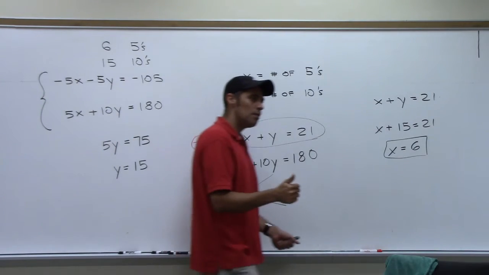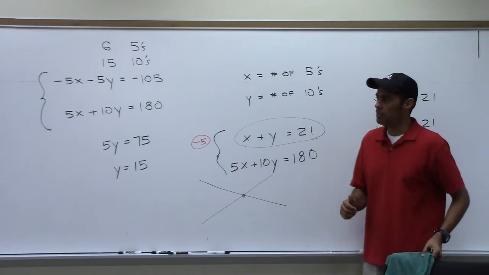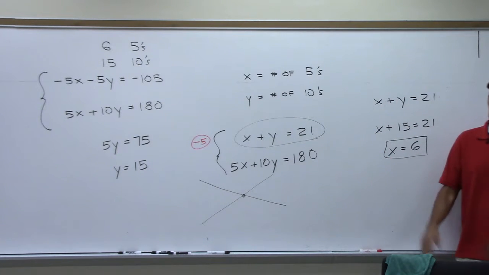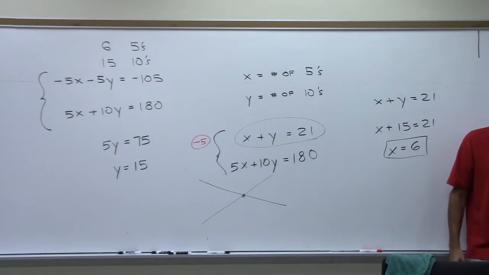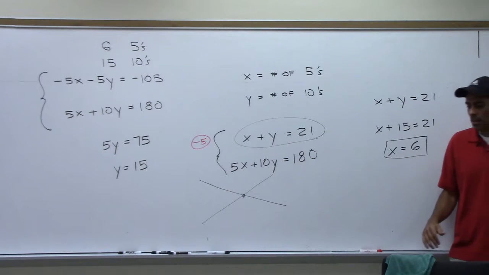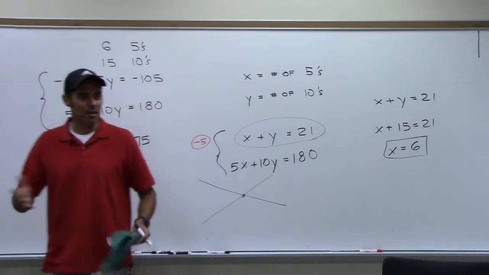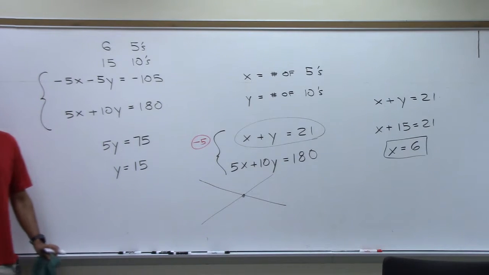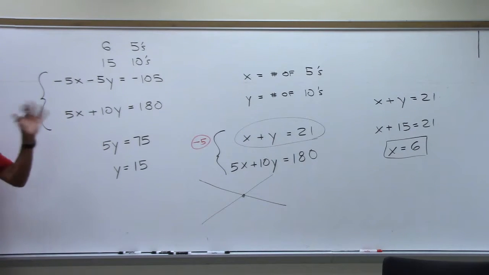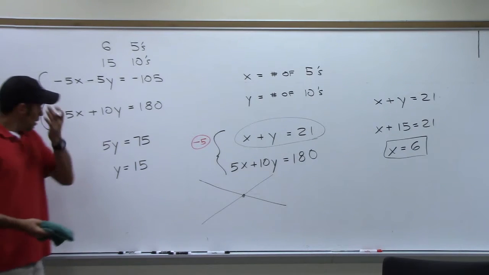But if it has to be 21 bills, has to be $180, only 5s and 10s, that's the only way to do it. Got it? So you could almost look at this as eliminating an infinite number of other combinations. This is the only one that will work. You don't even have to think about any others. All right.